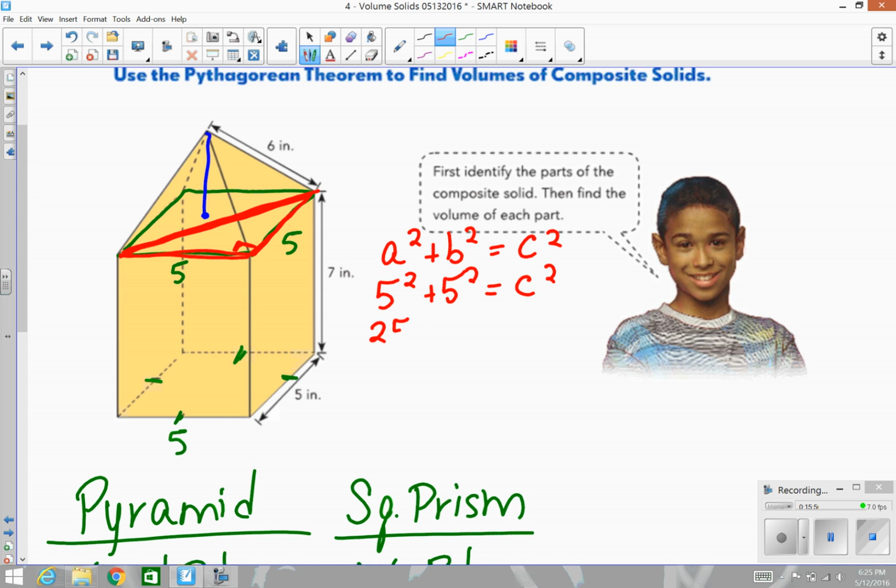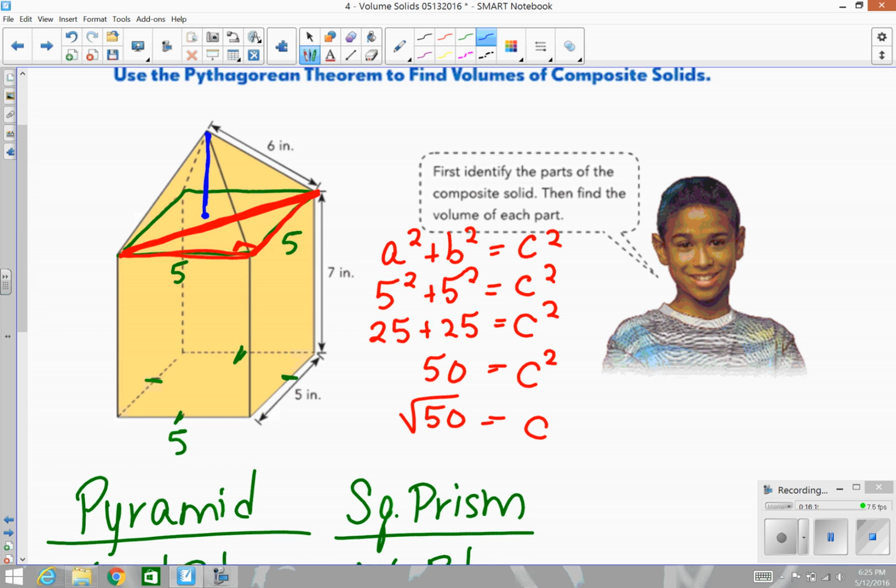So we have 25 plus 25 equals c squared. c squared equals 50. c equals the square root of 50. So this diagonal is the square root of 50.